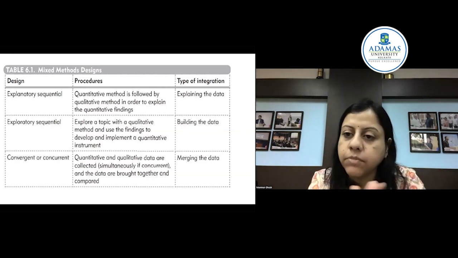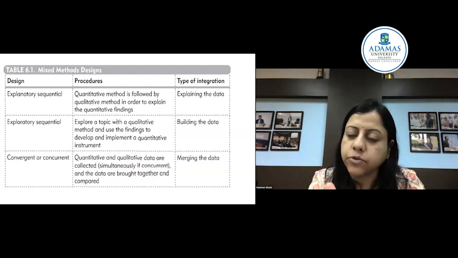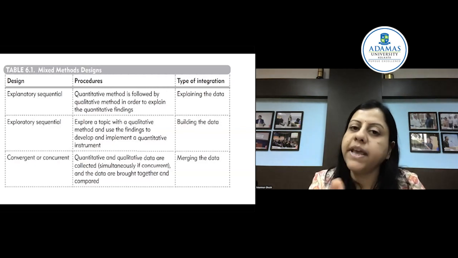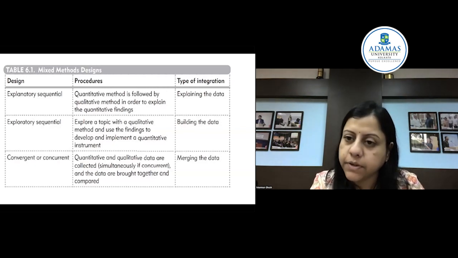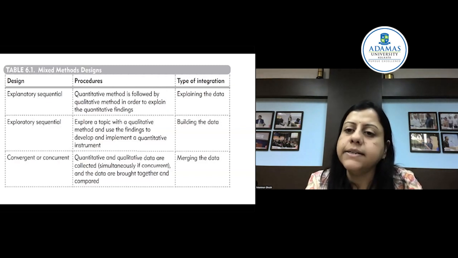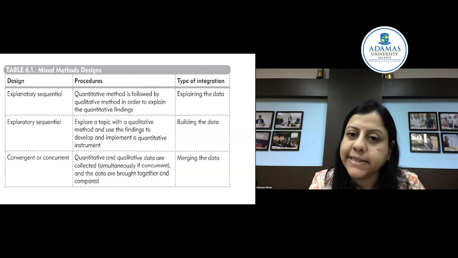And then we try to merge both the data. So the analysis will go hand in hand for the conceptual framework that we have created, and we validate our study variables simultaneously through quantitative.